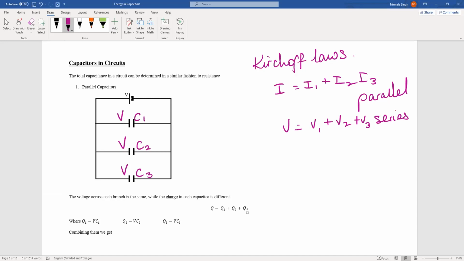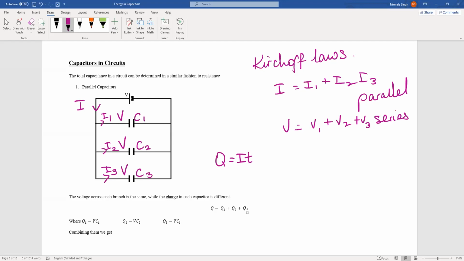And since this is a parallel circuit, if I have current coming into my branches, I will have I1, I2, and I3. And we do know that charge is equal to current times time.